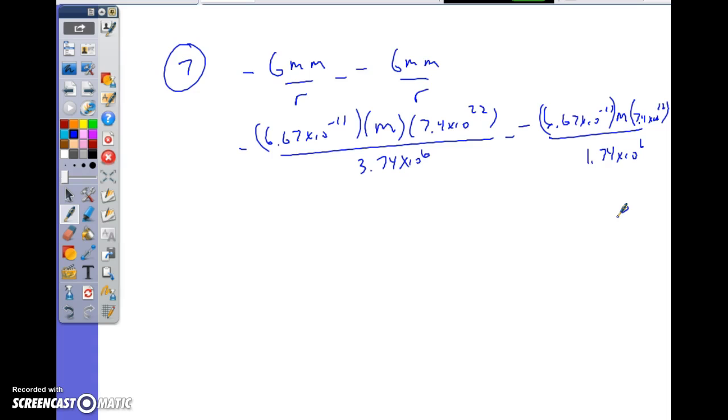All right, see if I can do it right this time. Negative 6.67 exponent negative 11, times 7.4 exponent 22, divided by 3.74 exponent 6. Plus. Wait, why do we have those two?